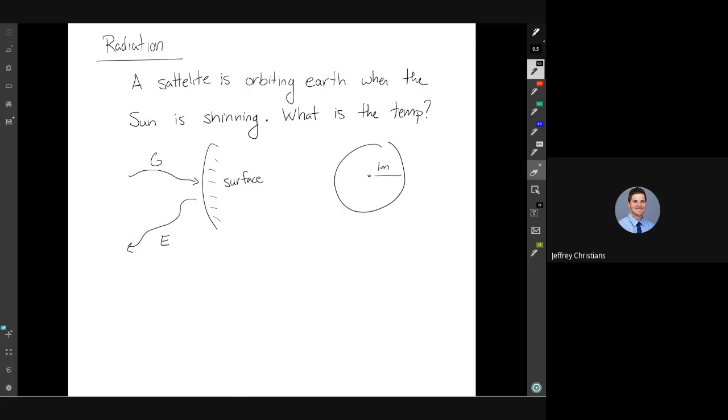That's the light that this satellite is emitting all the time. Everything is, because it's at a certain temperature. So E equals emissive power, which is something in watts.